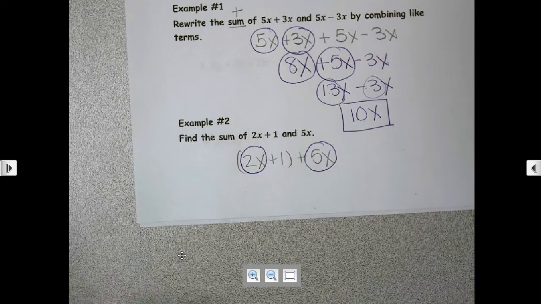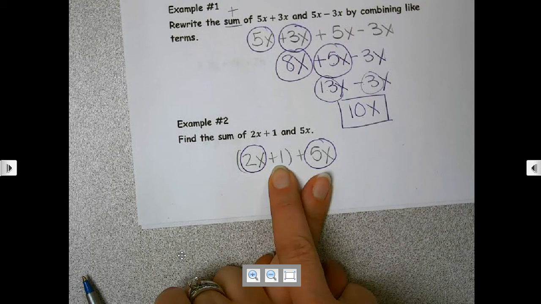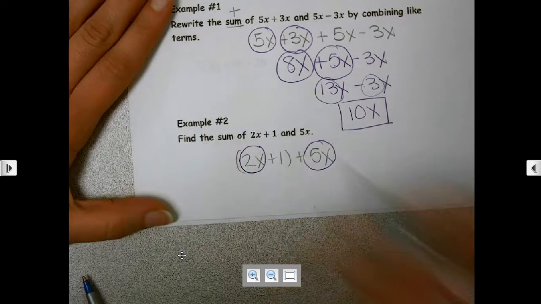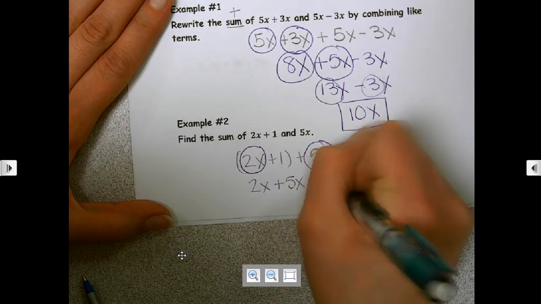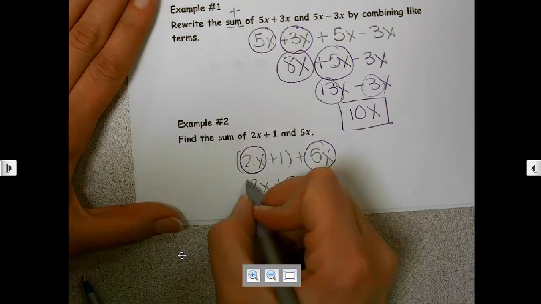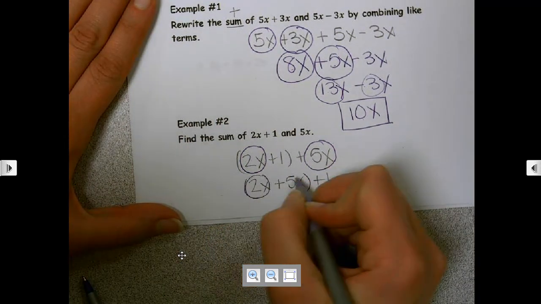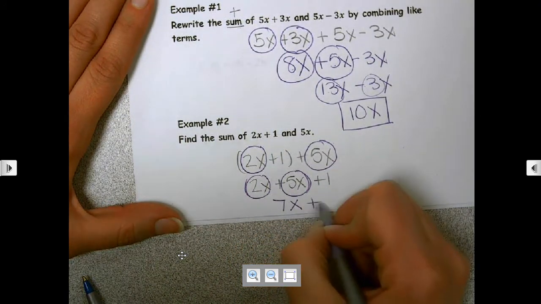Now, we are going to use the commutative property, excuse me, rather than the associative property. We're going to use the commutative property to rearrange the positive 1 and the positive 5x. This will allow our like terms to be next to each other so that we can combine the 2x and the 5x to get 7x plus 1.